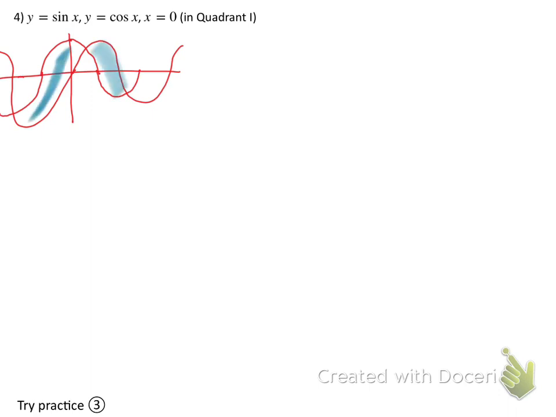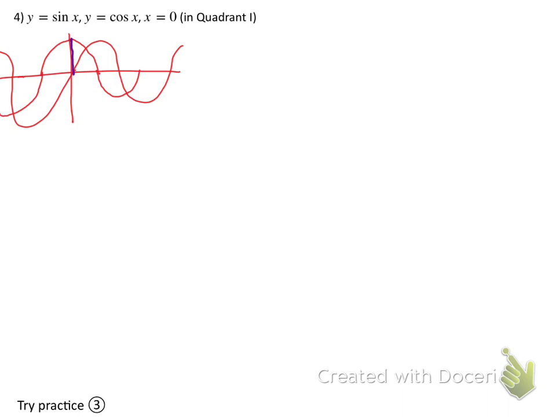That's why I'm saying also you have x equals 0, which is the y-axis. So it's this part. And then again, even with that, you have the left side of it and the right side of it. That's why I'm saying it's in quadrant 1, which means it's here.